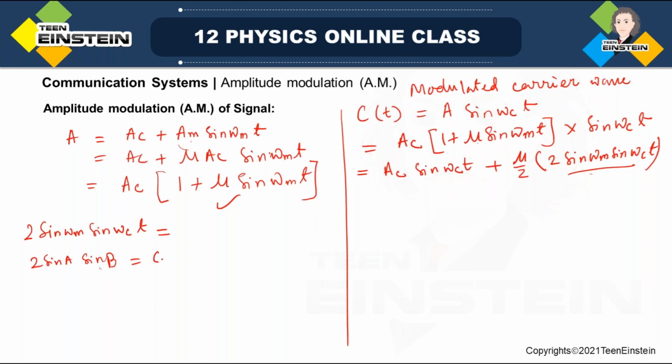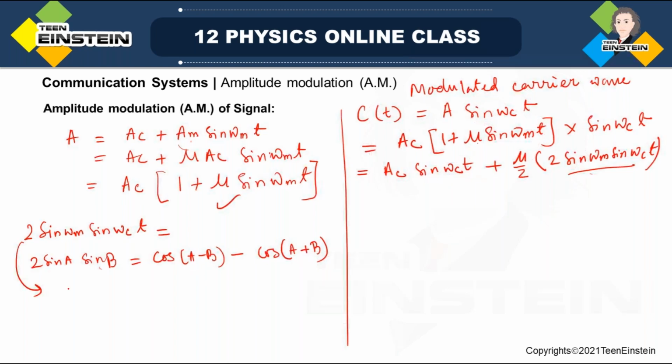So this will be cos of a minus b minus cos of a plus b. So this is the identity we can use.